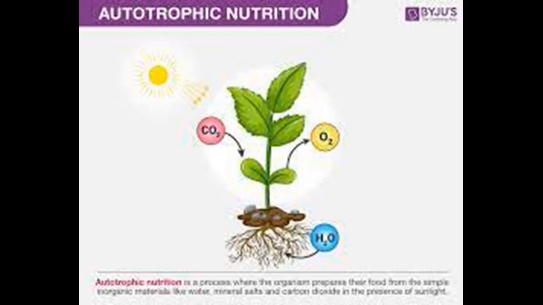So plants get required materials from their surroundings: carbon dioxide from the air, and from the soil they get minerals and water. So they make their own food.